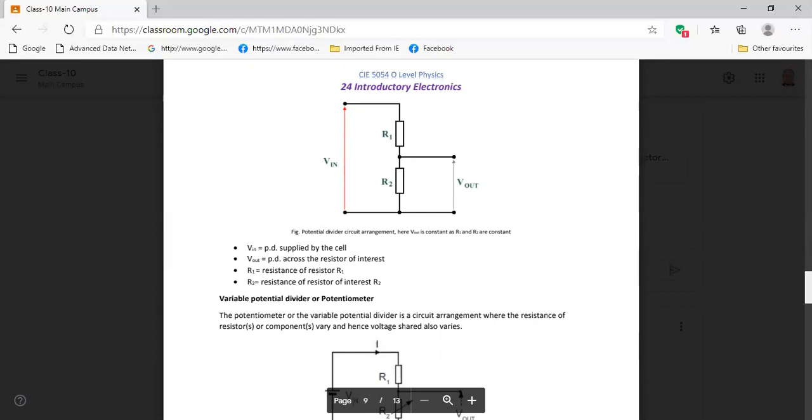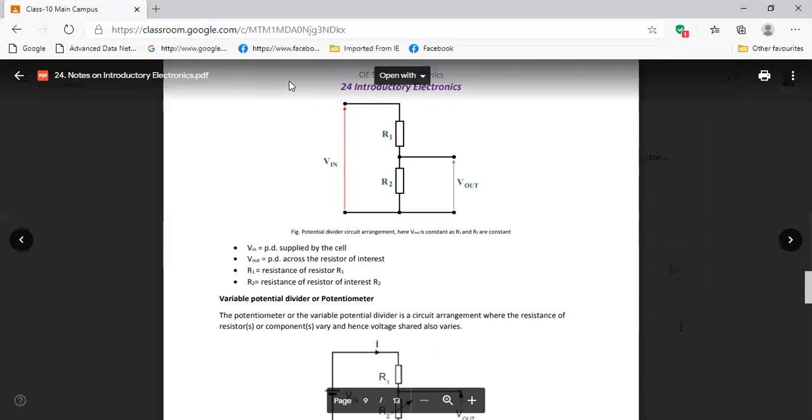So if I tell you two values of the resistors, this one is 3 ohms and this one is 1 ohm. I'm talking about this one. This is 1 ohm.